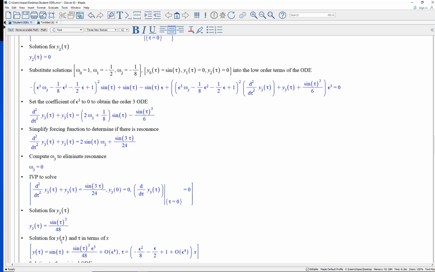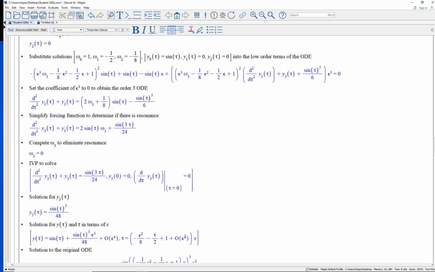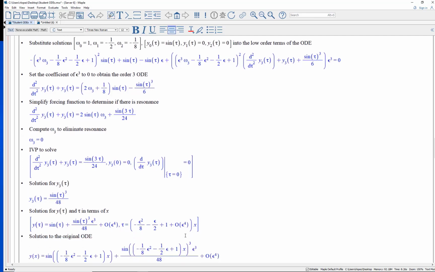48, which means that you can write the solution in terms of tau as sine plus sine cubed epsilon cubed. And this is what tau will look like, this times x. And so the differential equation has this for the solution in terms of x.